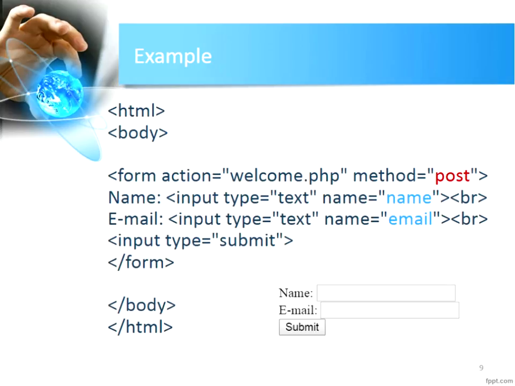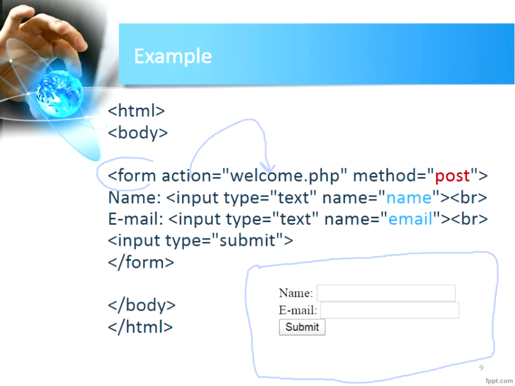In this HTML document, we want to create this form. To create this form in the HTML document, we use the tag form. And in this tag form, I have specified action equals welcome.php and the method equals post.